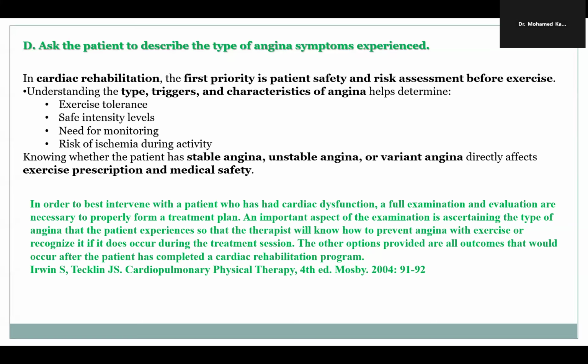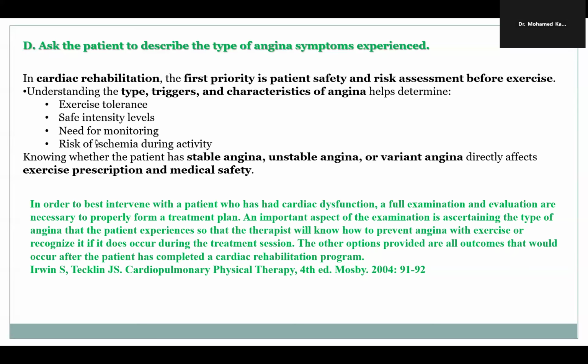Okay, so I need to understand how far the patient can go. We have what's called an angina threshold. We learn about it. So exercise tolerance, safe intensity levels. When we prescribe exercise, intensity is one of the main factors we take into consideration.